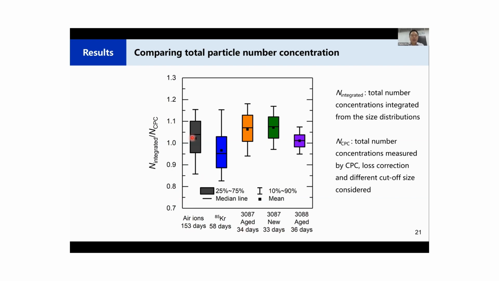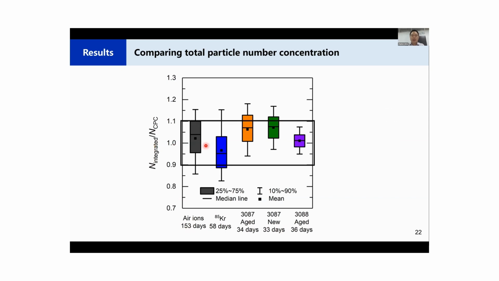Generally, we can see the ratio between the integrated particle number concentration from the size distribution agrees with those measured by the CPC directly. Some are apart from each other, but generally they are within plus or minus 10% for these ratios.